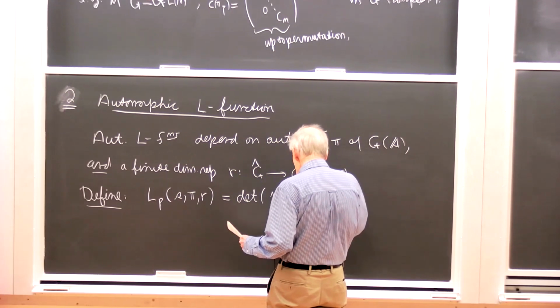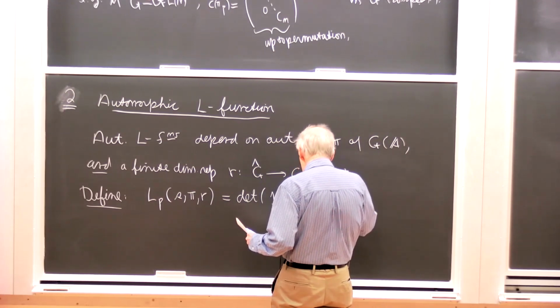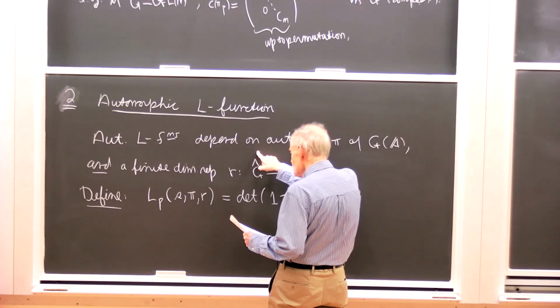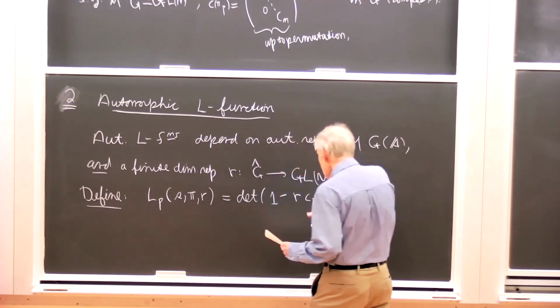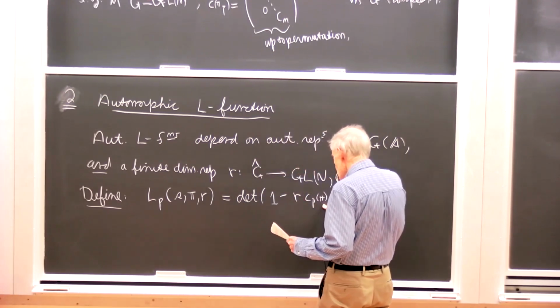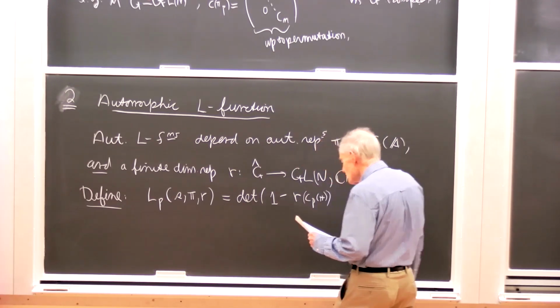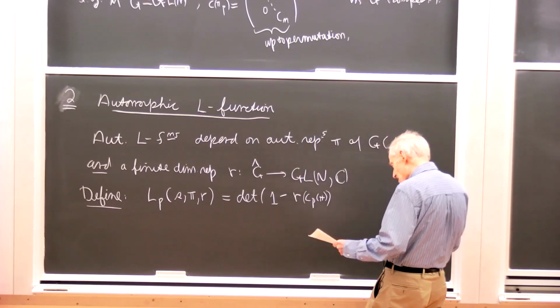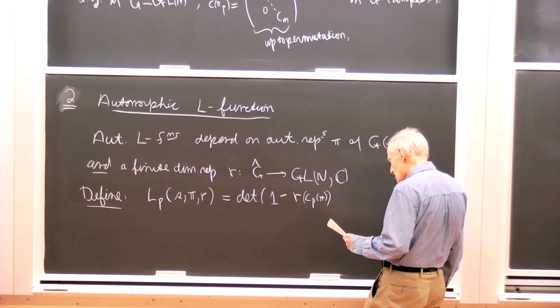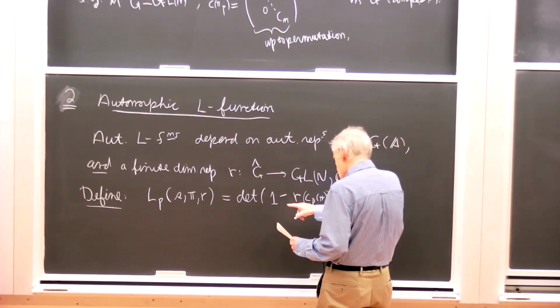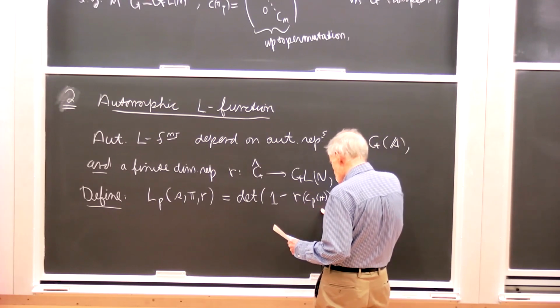Okay, so I've got c_p(pi), a conjugacy class in the dual group. This is a representation of the dual group. So this conjugacy class can be mapped canonically to a conjugacy class in GL_N(C). And so here you have a conjugacy class in the general linear group.